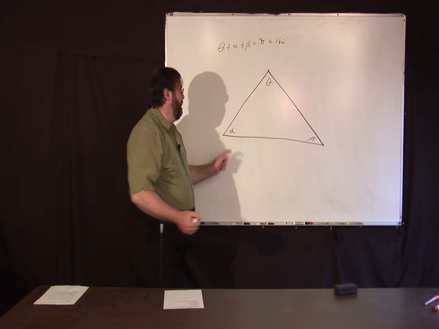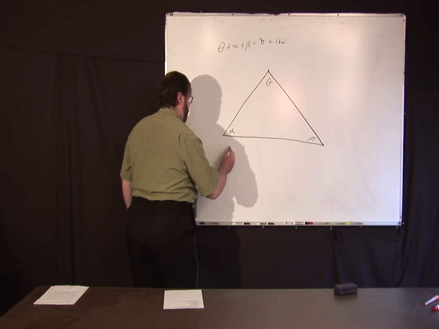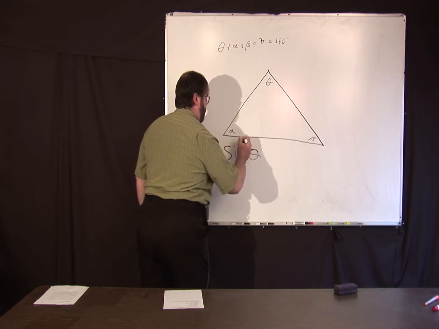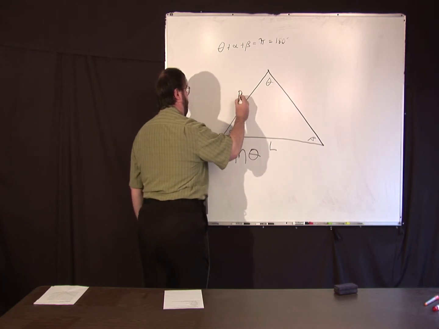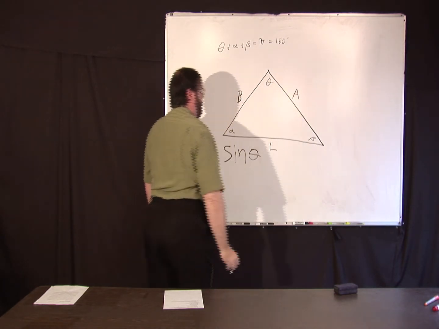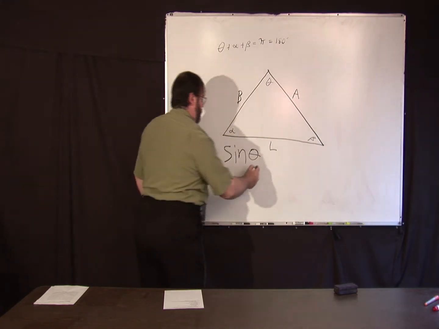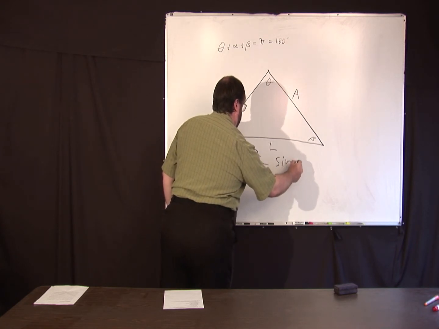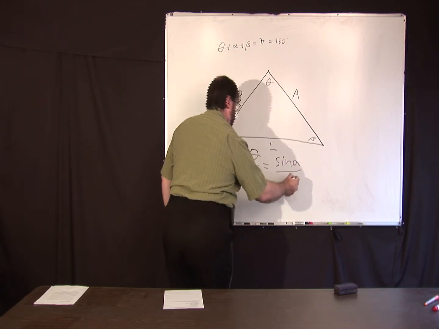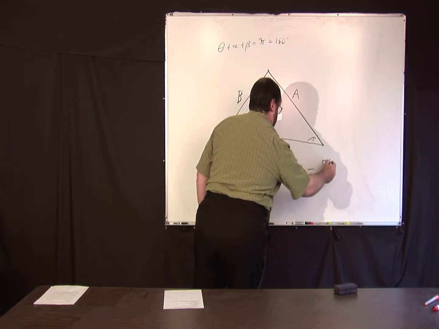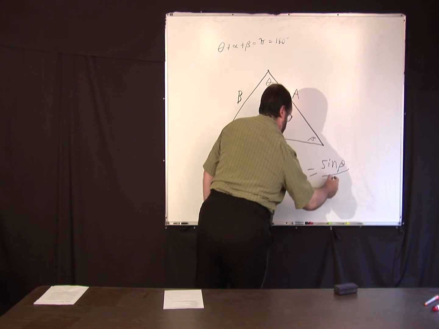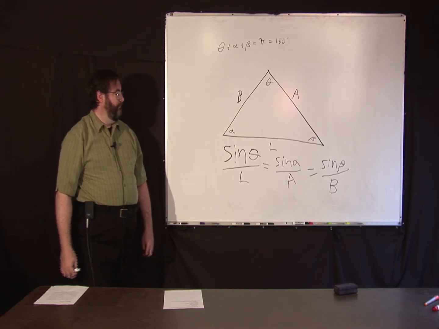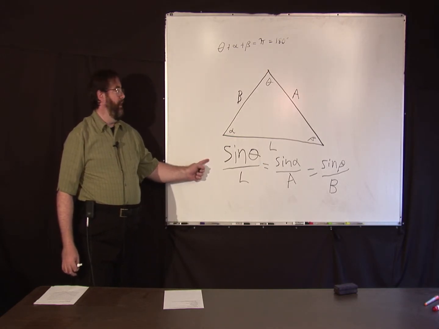Let's call these lengths L, B, and A. Sine theta over L equals sine alpha over A equals sine beta over B. That's true for all triangles, and you can do an awful lot with it.